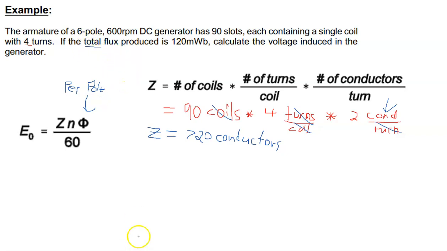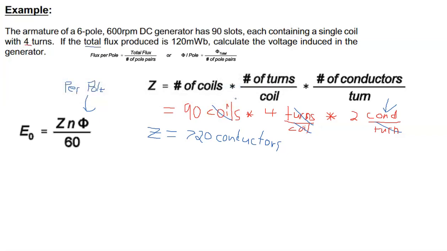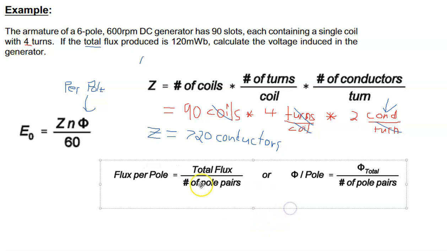Now, remember that poles occur in pairs, so think about the fact that because the flux occurs in pairs, when we have the total flux and we want to figure out the flux per pole, it's the number of pole pairs that we divide by.